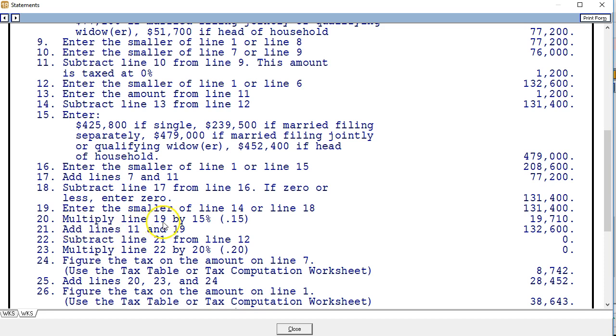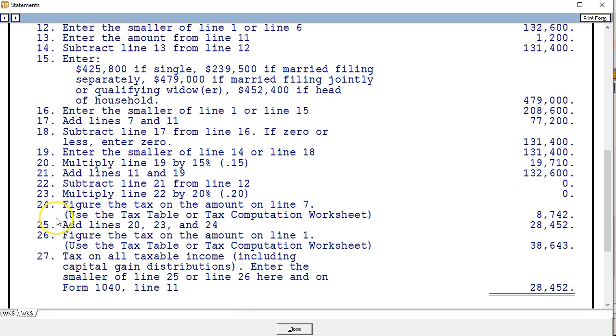And then multiply line 19 by 15%. So we took that line 19, multiplied it times the 15%. And then 21, add lines 11 and 19. Subtract line 21 from line 12, multiply line 22 times 20%. And so you can see this is our progressive tax rate in action.